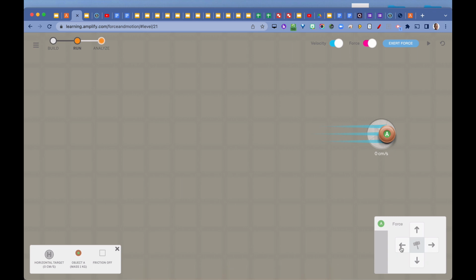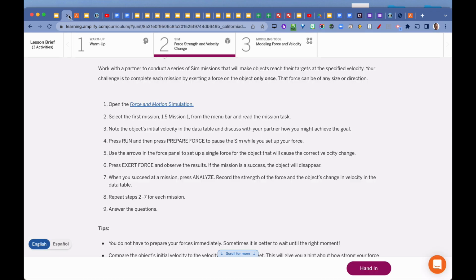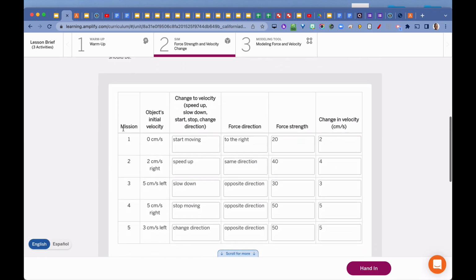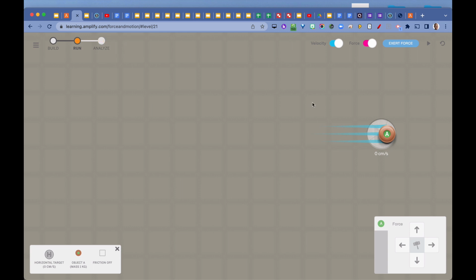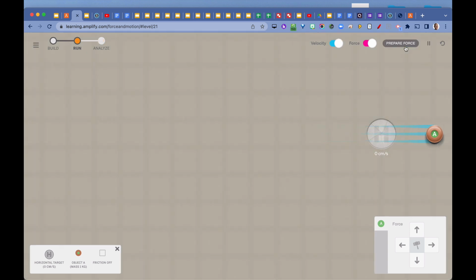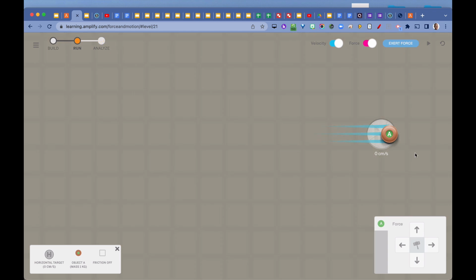Depending on the initial velocity, which was given in the data table, you had to exert one force. With this one, you had to exert a force in the opposite direction. I think it might have been 5. Let me see. There we go.